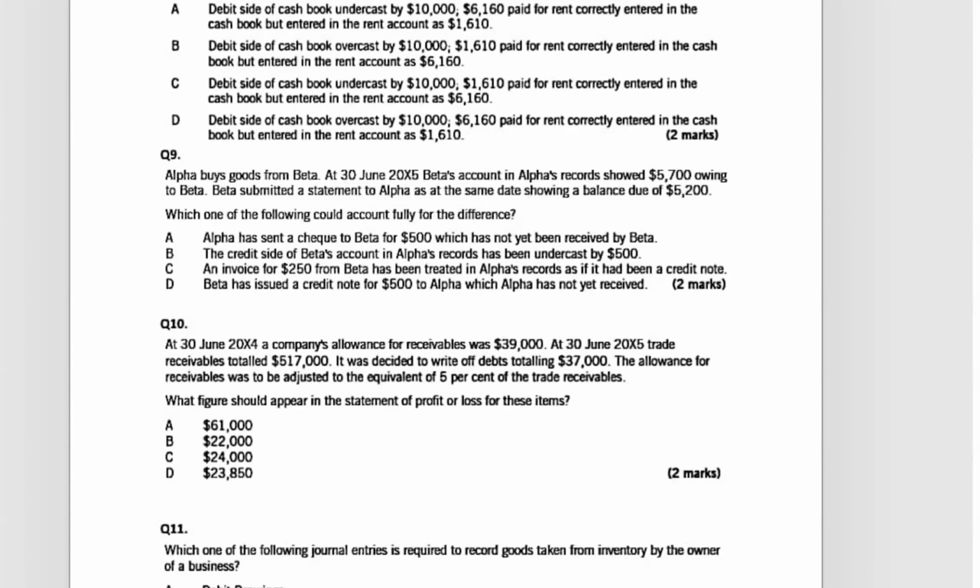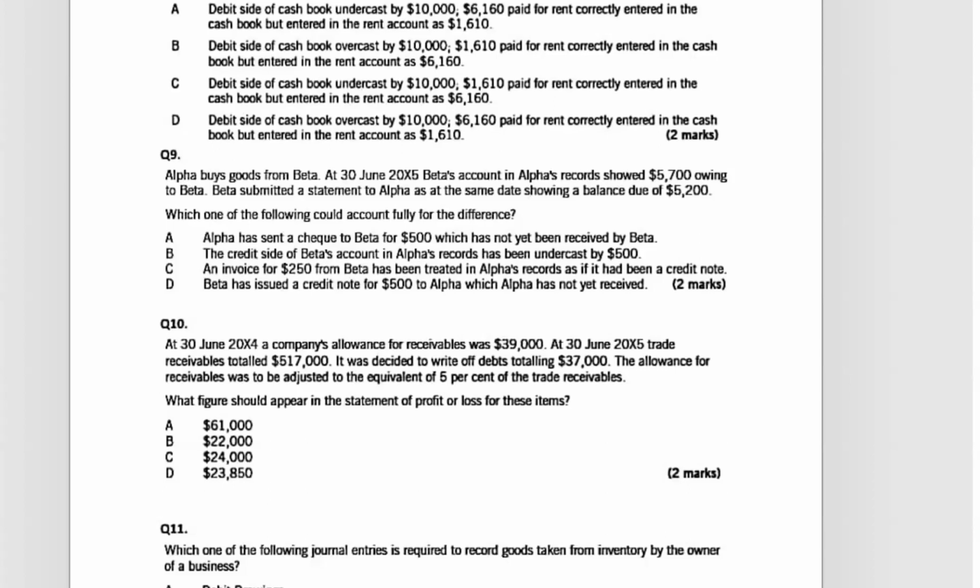That's what it showed, that this person is owing that much. Now, Beta submitted a statement to Alpha as at the same date, 30 June, showing the balance due of 5,200 kwacha. Which of the following could fully account for the difference? I think I've gotten the question.